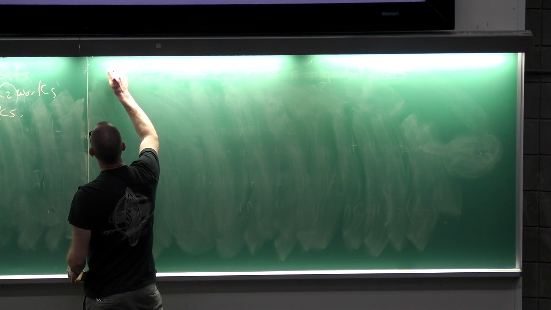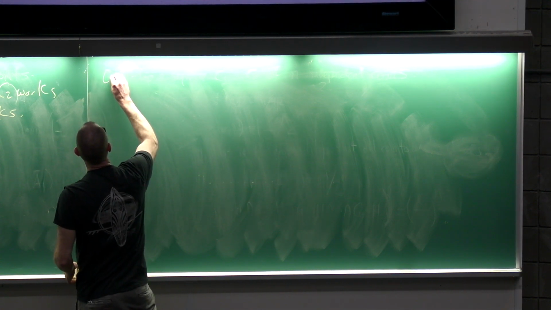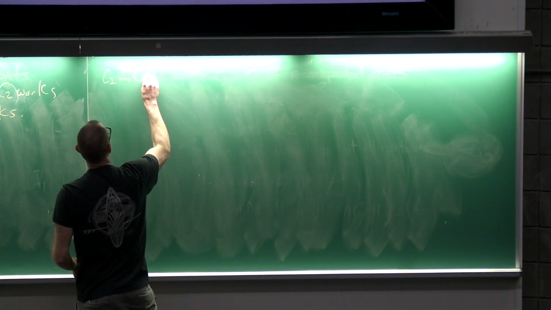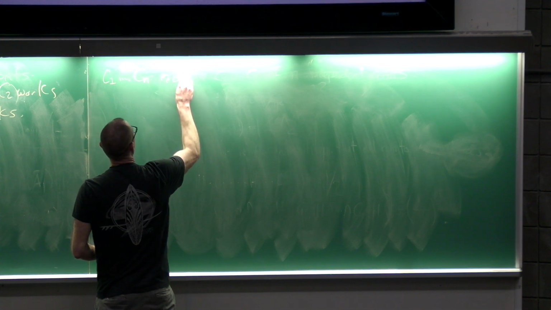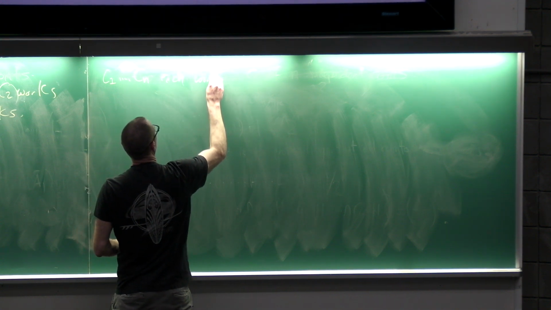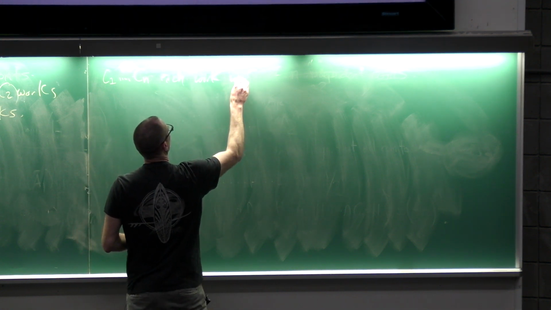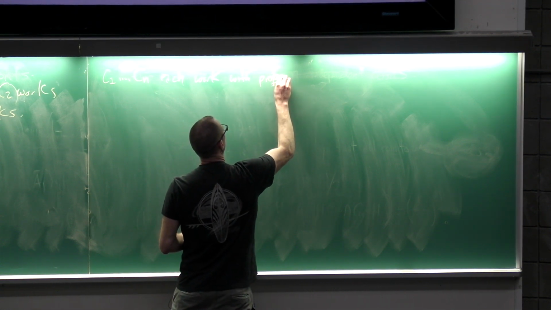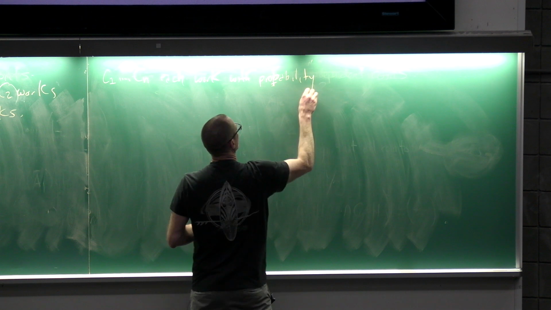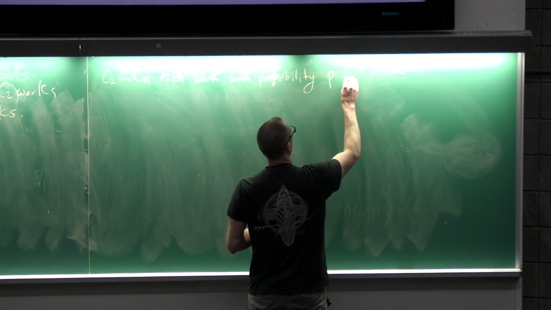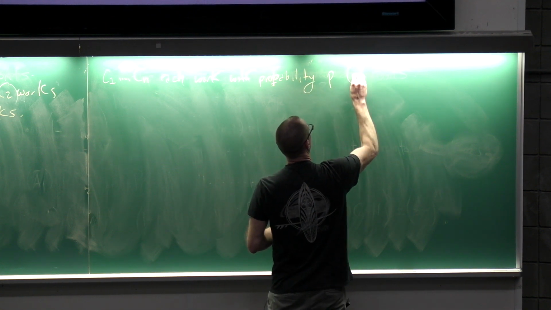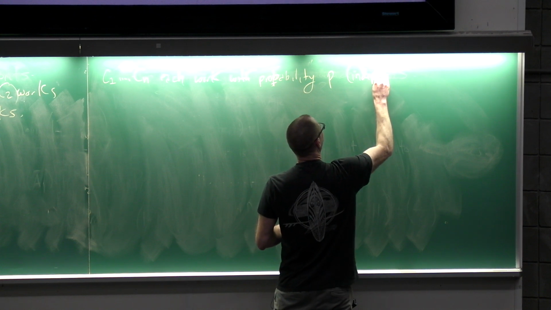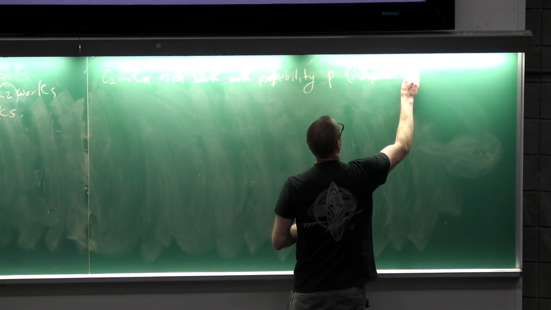Let's say that C1 through Cn each work with probability P. And again, I'll use that word independently.